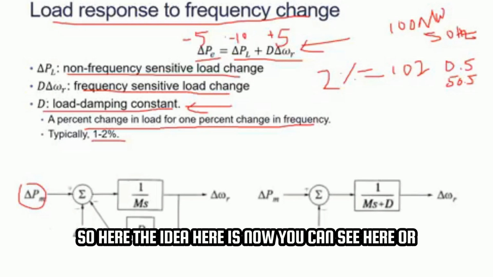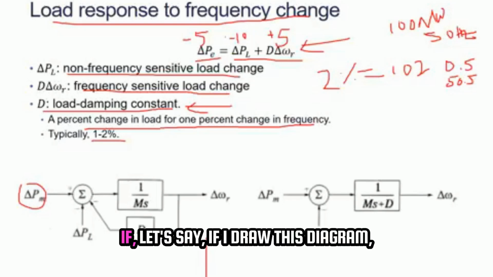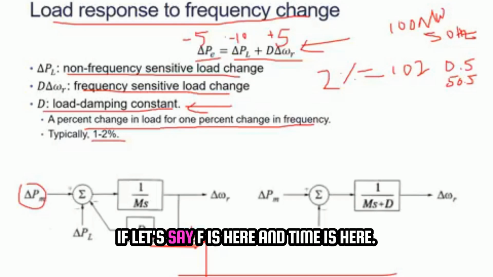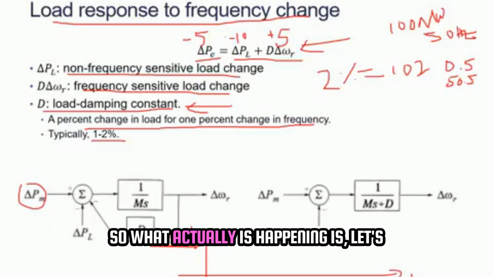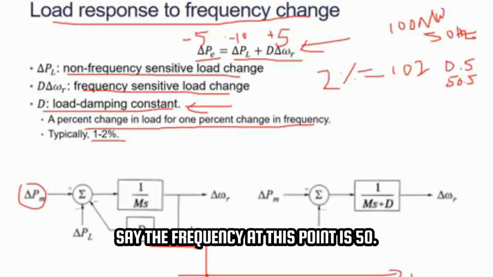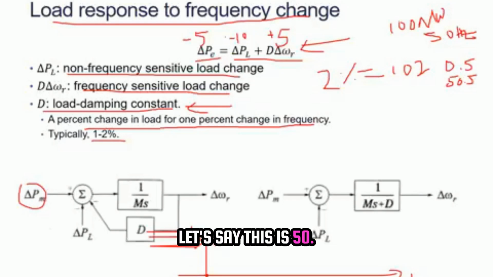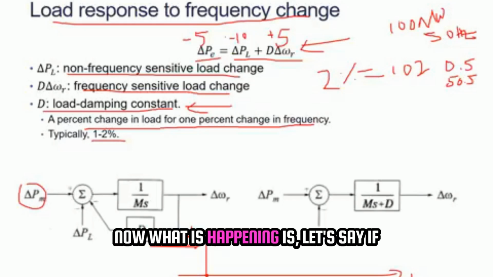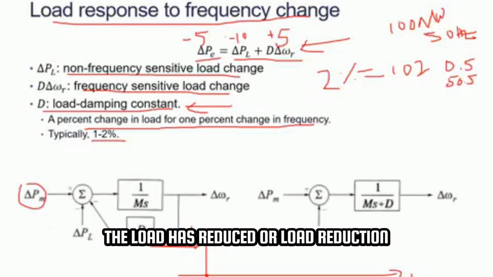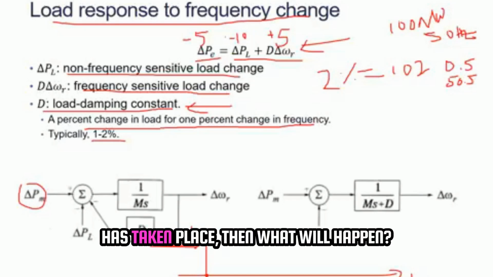Right? So now if I draw this diagram, let's say f is here and time is here. What is actually happening is, let's say the frequency at this point is 50. Now let's say the load reduction has taken place.